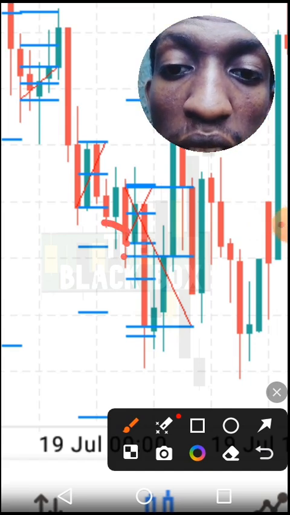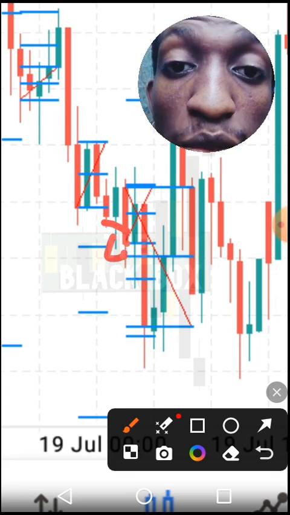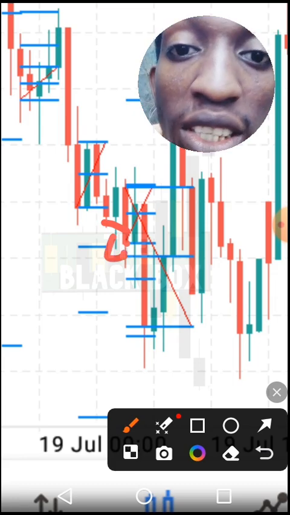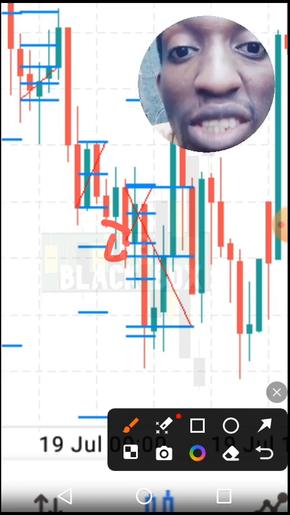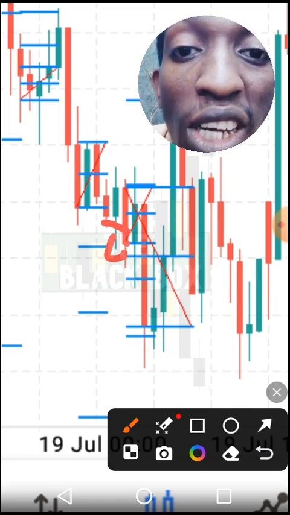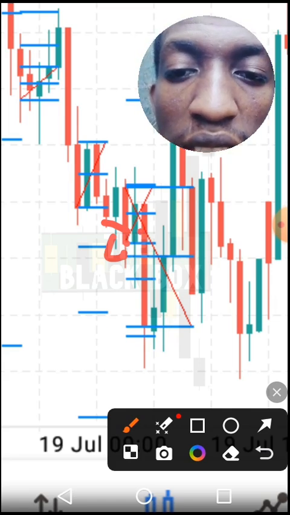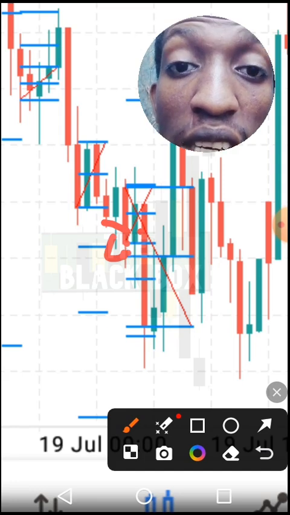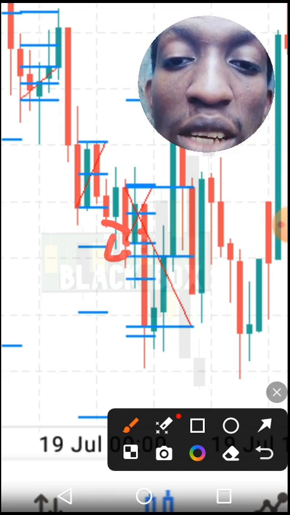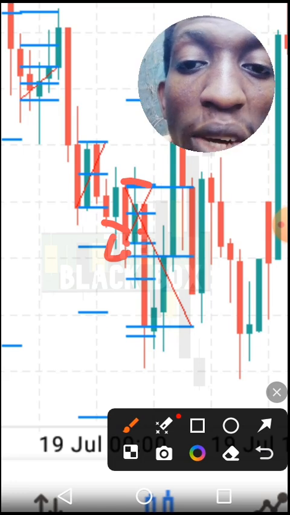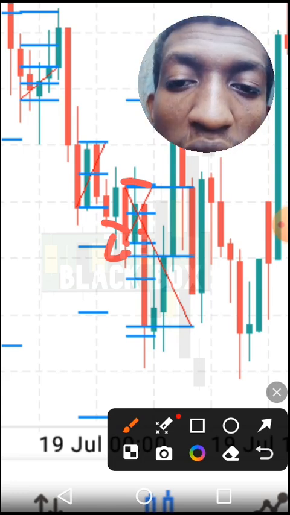It covers those wicks, the previous candle's wicks, which shows it is different from the other. So the next candle opened and traded up, even surpassing the 100% mark. It is high, taking the high.